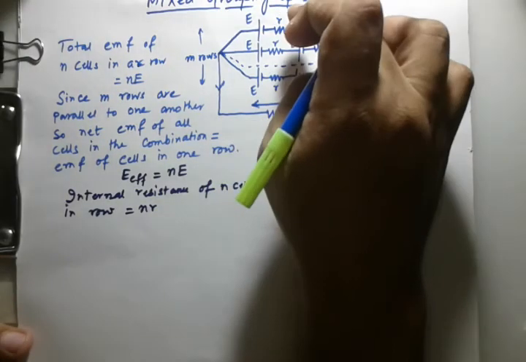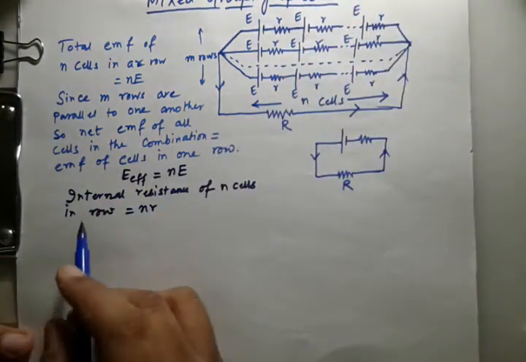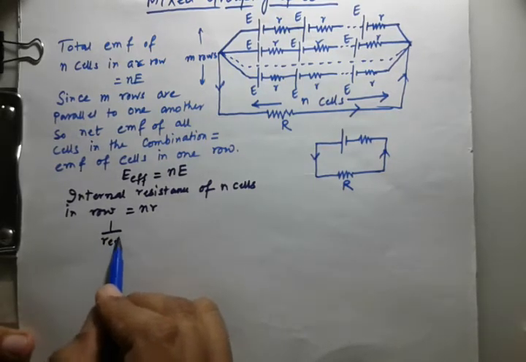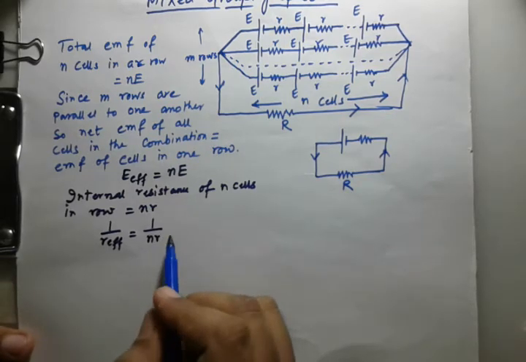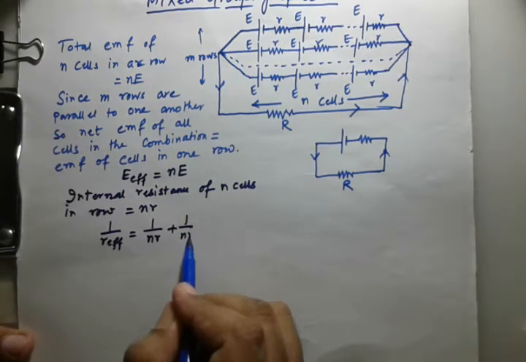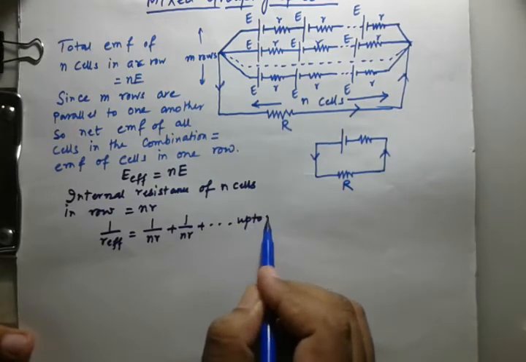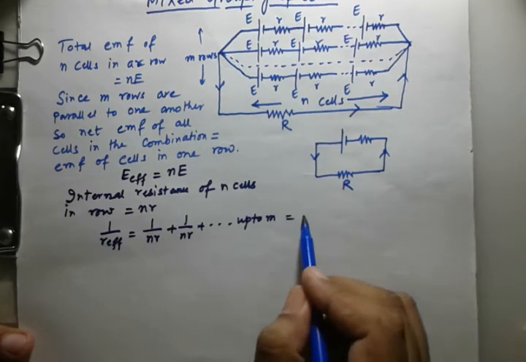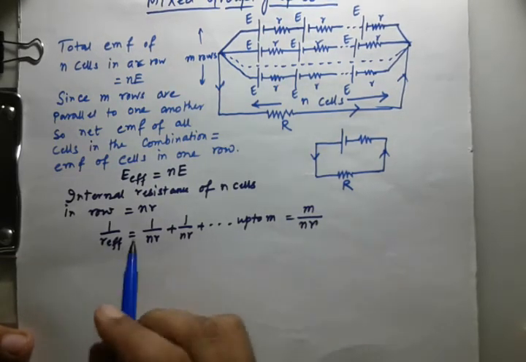So like this way, how many rows are there? m number of rows are there. So you can write R effective is equal to 1 by nr plus 1 by nr, and so on up to m terms. Okay, so you can write it is equal to m by nr.